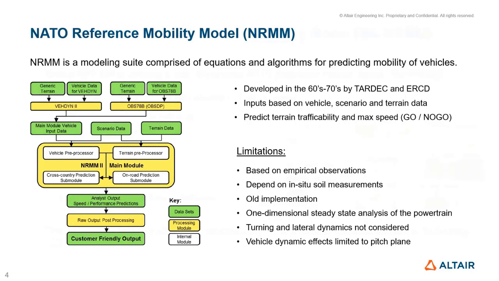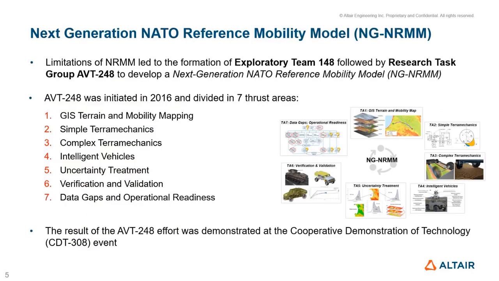With these limitations, the exploratory team 148, followed by the research task group AVT 248, was created to develop the next generation NATO reference mobility model. This research task group AVT 248 was initiated in 2016, and they analyzed 7 main areas. The first one was the GIS, terrain and mobility mapping.